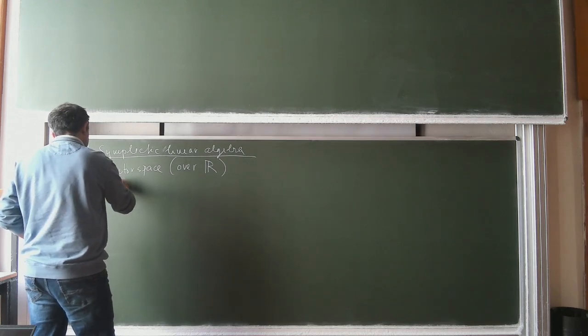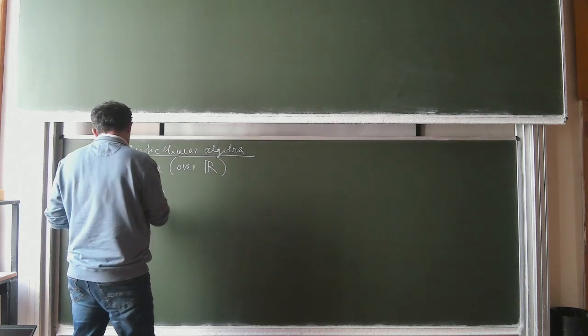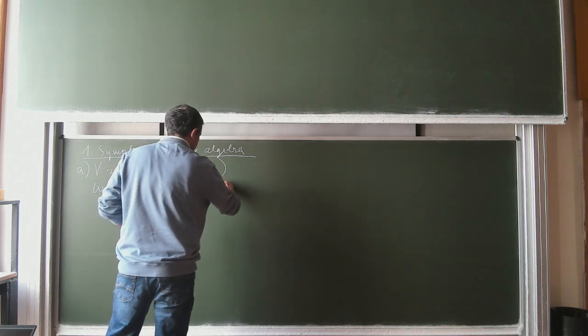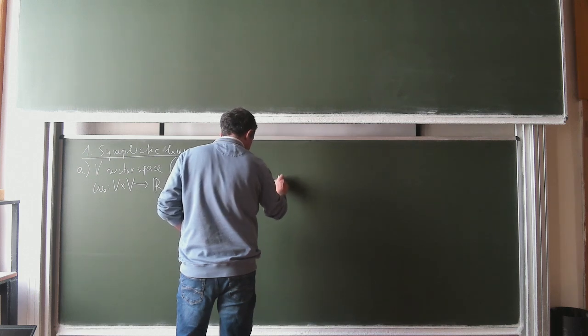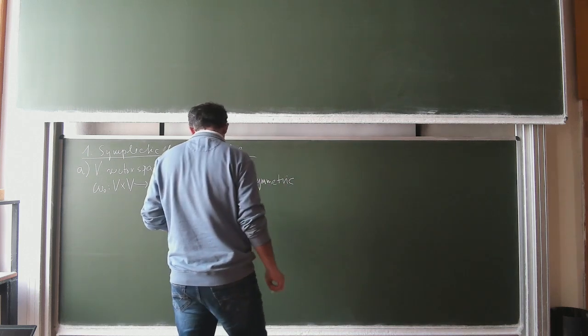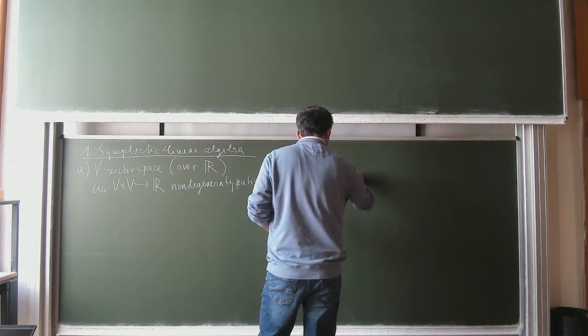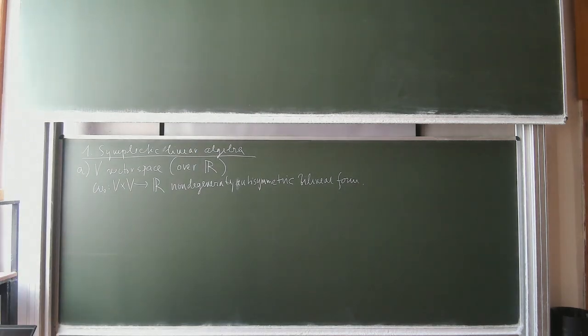Omega 0 is a non-degenerate anti-symmetric bilinear form. And that's all. Such a form is called symplectic.